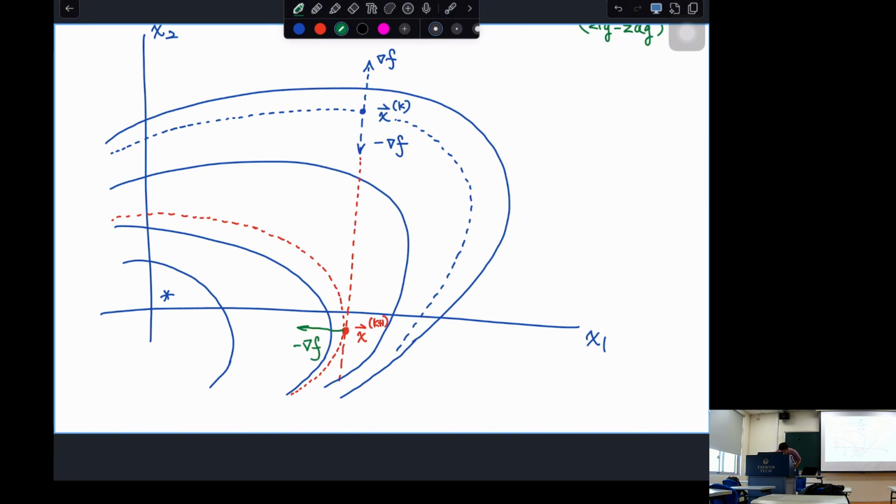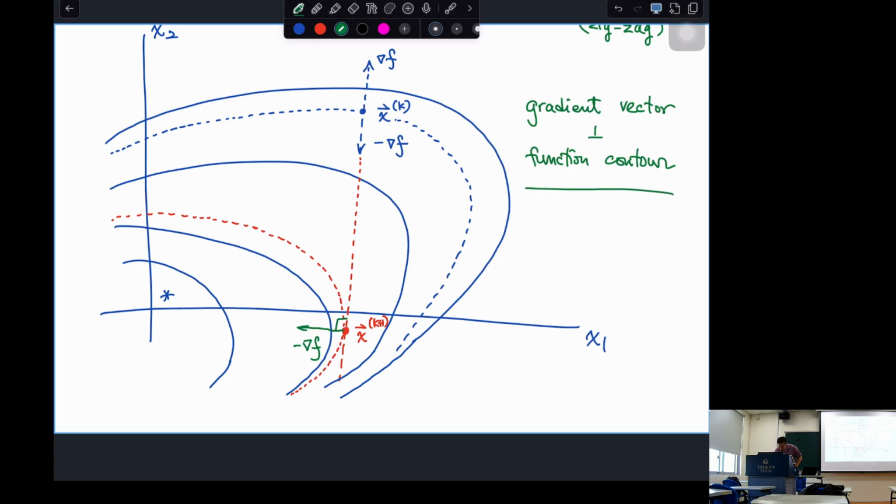And it's gonna be 90 degree right here. Because gradient vector is perpendicular to function contour, right?